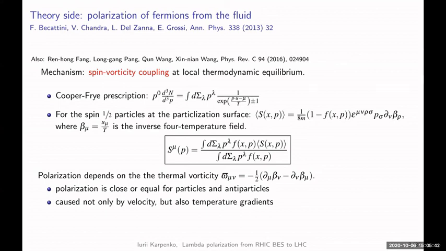Doesn't this result depend on the choice of what definition of spin vector you use, or is it more universal? Like the formula you have here in terms of thermal vorticity and momentum. Is it well defined without any ambiguity?